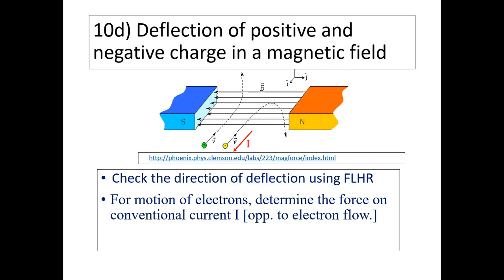I'm a bit confused. Which one you want me to do, the positive one or the negative one? Doesn't matter. You can do the positive one first, and then negative will be just the opposite direction, that's all, if they have the same charge and same magnitude. Positive means it's going into the page. The field is going to the left.